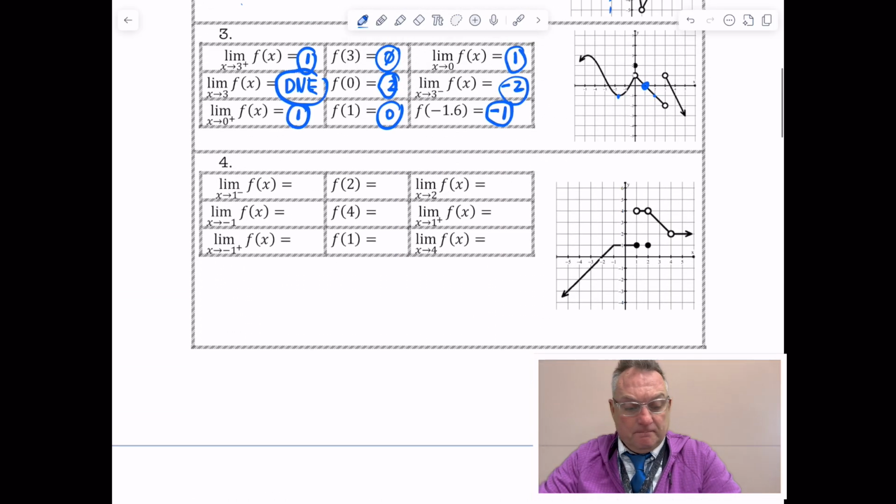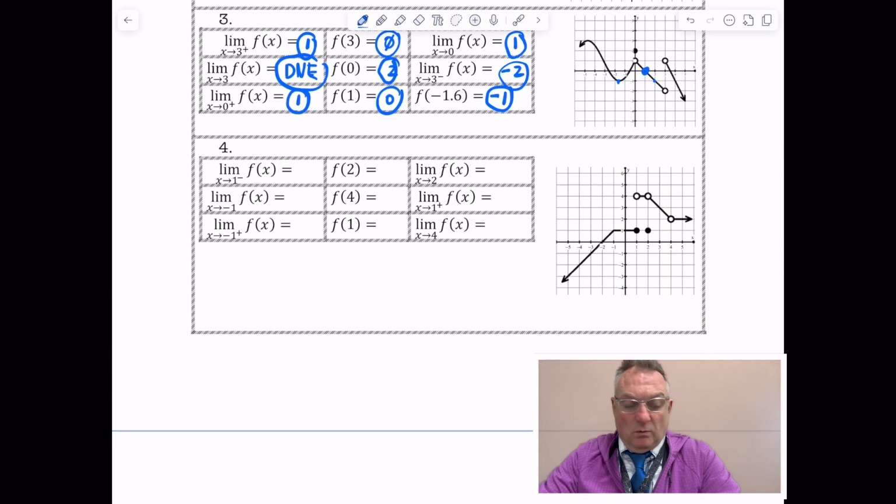Okay. And then number 4, what's the limit when x approaches 1 from the negative side? When it approaches 1 from the negative side, it zooms right into the 1. What's f of 2? F of 2 gives me that point right there, which is also 1. What happens when we approach 2?